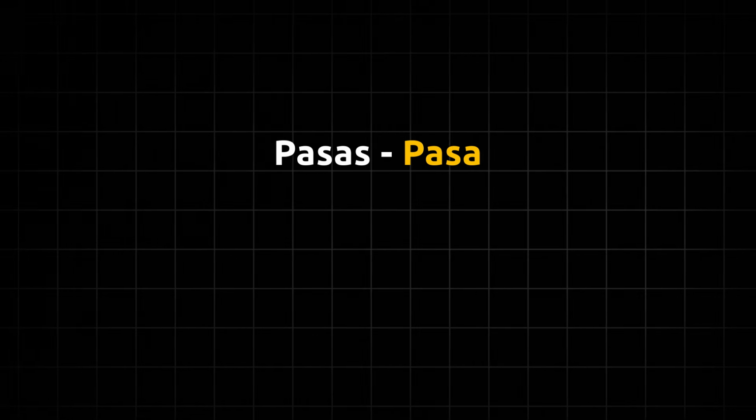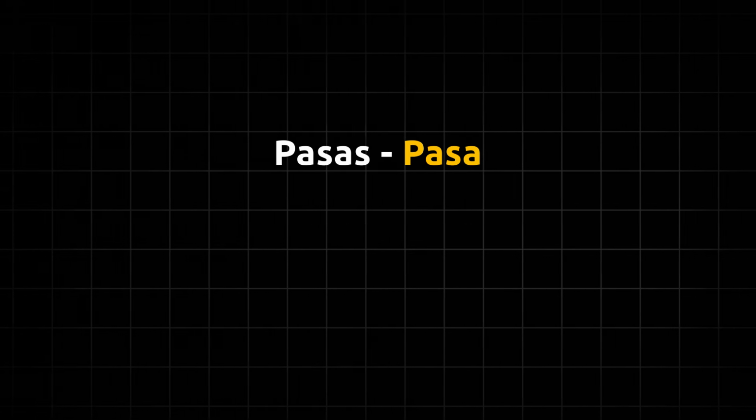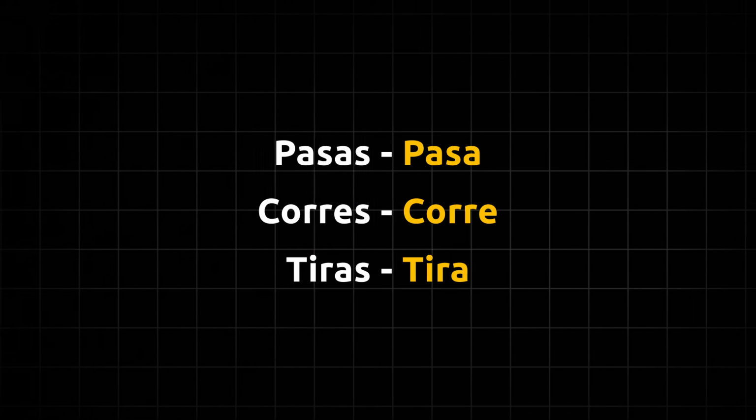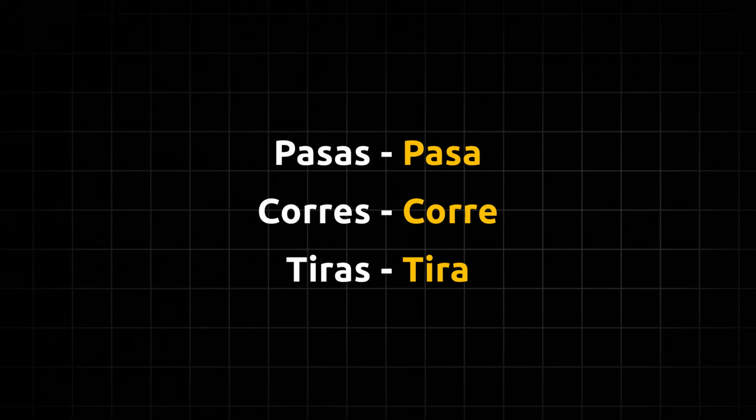But now let's use soccer verbs. Pasas, in a regular simple present structure; pasa, pass the ball. Corres, corre, run. Tiras, tira, shoot. That's why positive commands are usually the easiest part of the imperative.